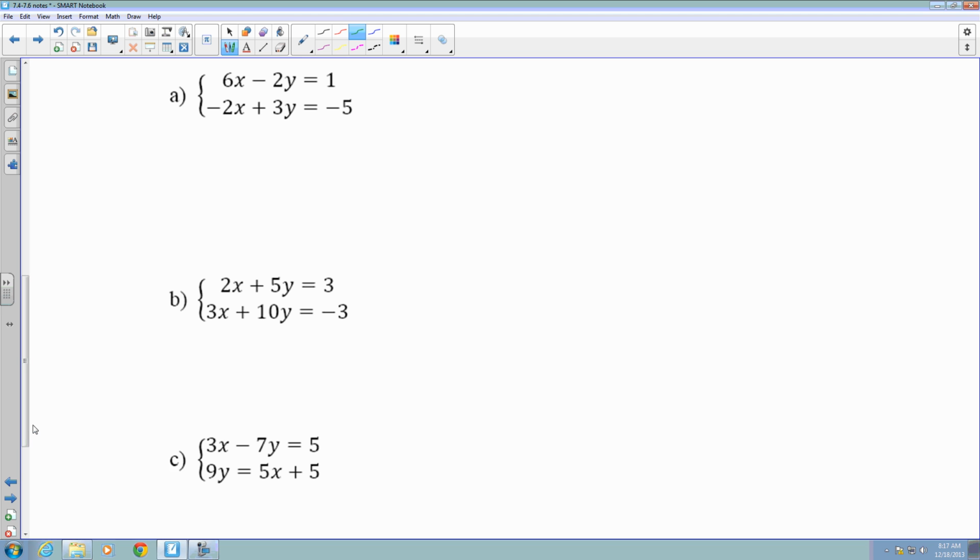Okay, here's 3 sets. I'm going to multiply the bottom one, sorry, by 3 and rewrite.